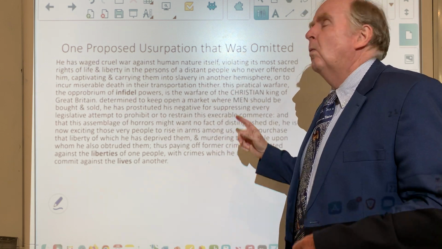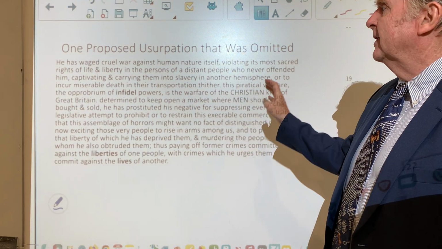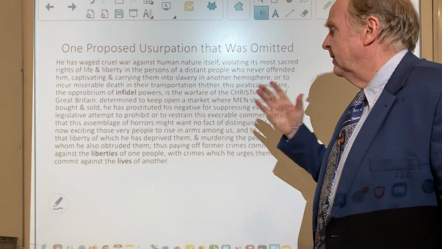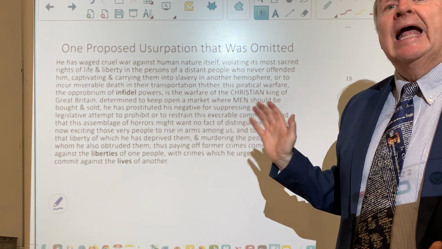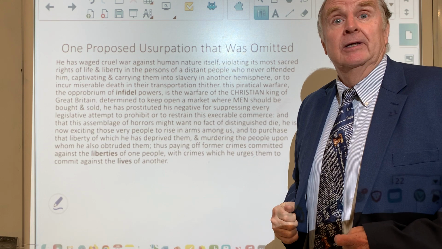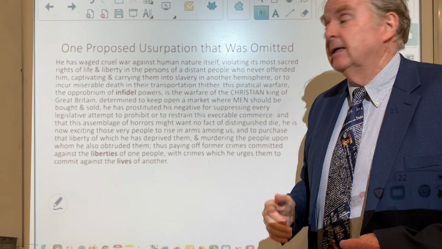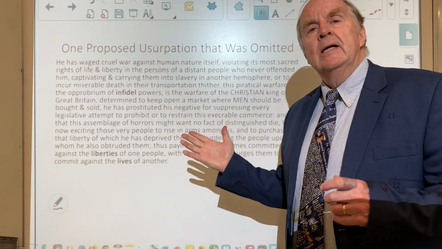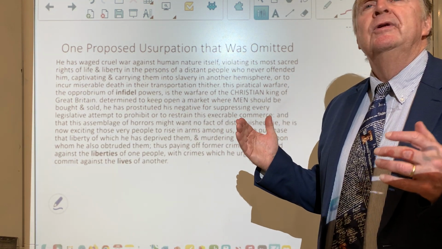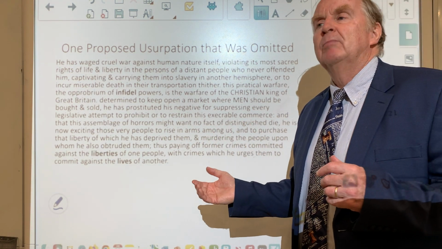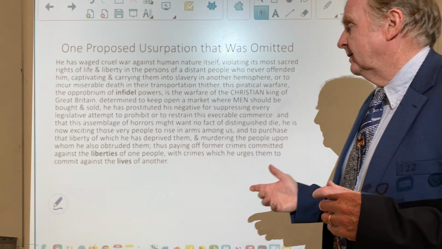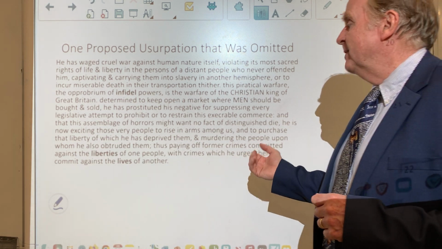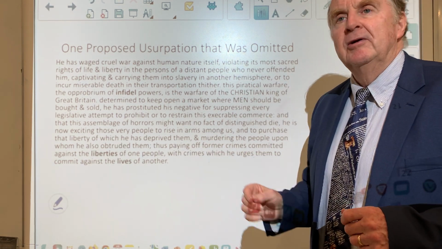And then I do want to mention just briefly one proposed usurpation that was omitted. The original draft actually had a statement about slavery, about using crimes against the liberties of one people with crimes he urges them to commit against the lives of another.